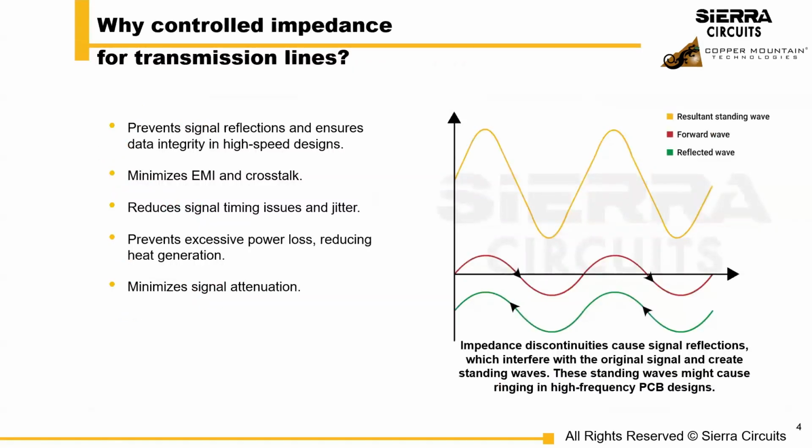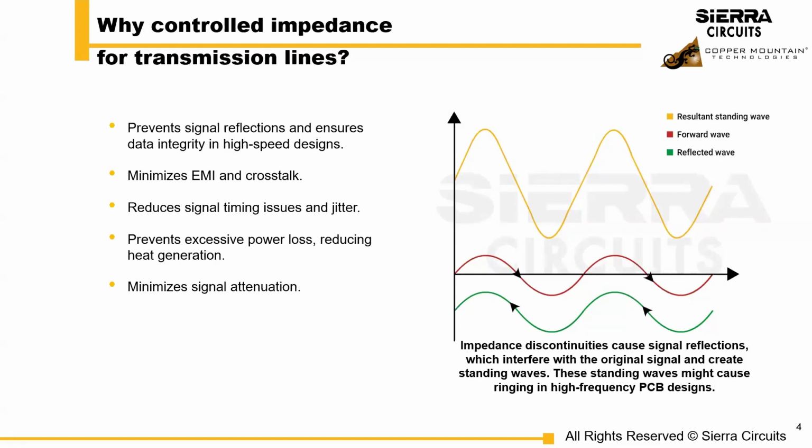So again, why uniform impedance is crucial for transmission lines. Inconsistent line impedances cause signal reflections and EMI, all of which are not good. So getting this right really will make an impact on you and what your company is trying to do.